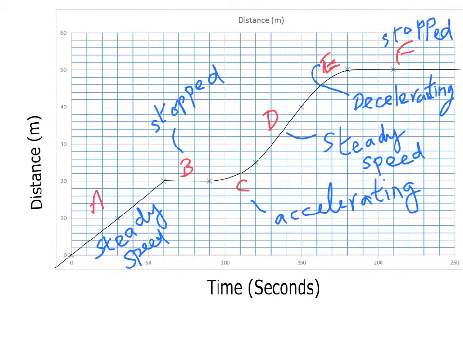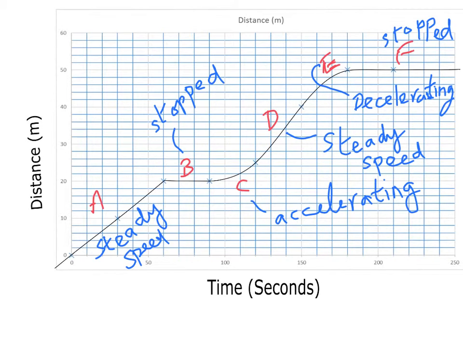Okay, so let's annotate this. There you have it. You've got steady speed here, stopped as you have gradient 0, accelerating in section C, section D steady speed as you have a straight section here, and then the gradient is decreasing in section E, so it's decelerating, and F is where the gradient is 0, so the object is stopped, or if this is a roller coaster, it's stopped.